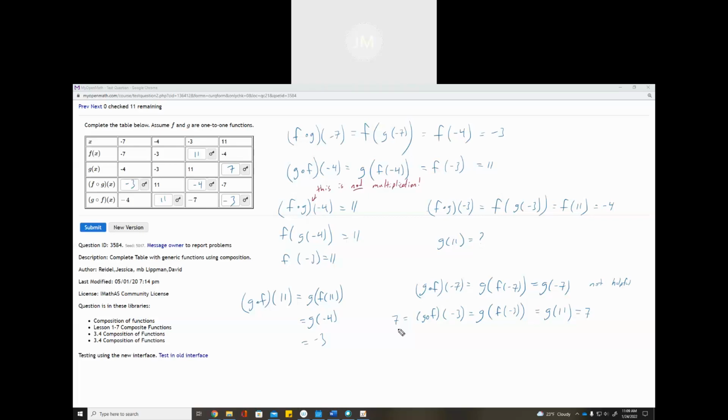So if I'm talking about functions, we plug into functions. We multiply numbers. We can multiply functions, but we'll write that specially. But when I have a function like f or g, a number in parentheses next to it, that's how we write plugging into. So that's composition, not multiplication. It's easy to get confused. The notation isn't perfect, so we have to be aware of our context a little bit.